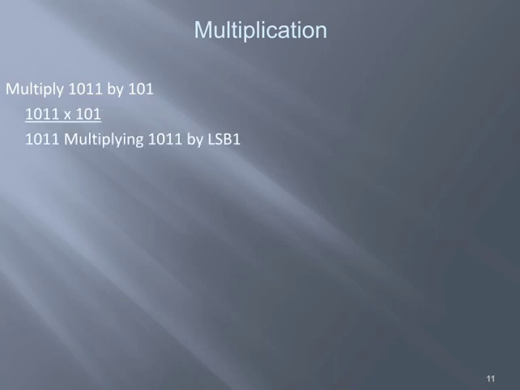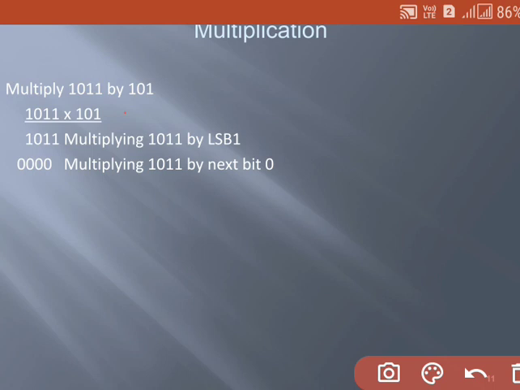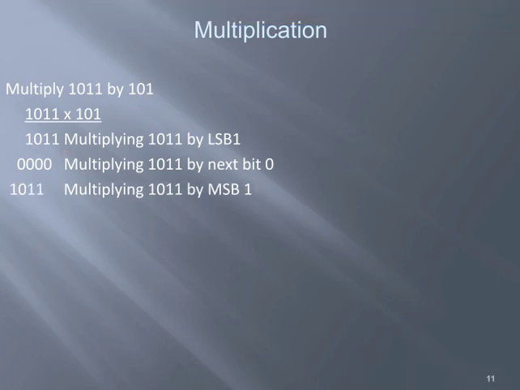Next we will see one more example of multiplication, 1011 with 101. Again the same procedure, 1011 will be multiplied with 101. The first bit is 1, so that means 1011. After that, 0 means all zeros. After that, 1 means again 1011.